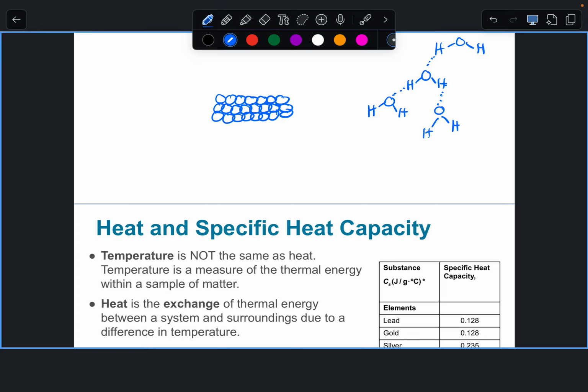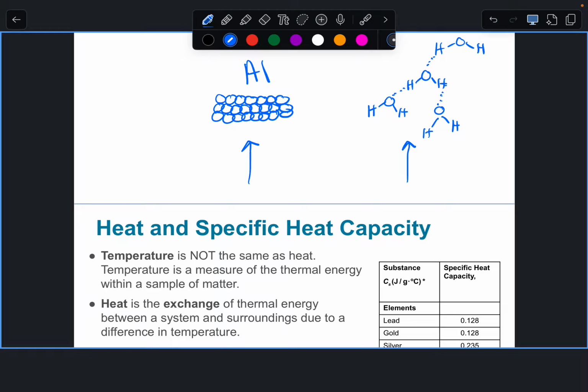But just by looking at the pictures I've drawn, let's say this is aluminum, a metal. They're very different structures, and the way they absorb energy is related to the differences in their structure. So when I give energy to a piece of metal, how it changes temperature is going to be a lot more dramatic than if I give that same chunk of energy to water.